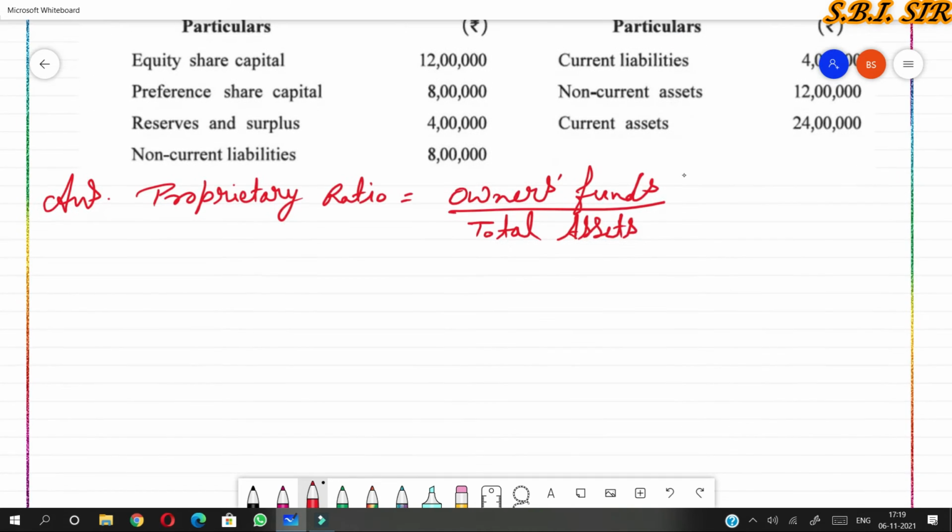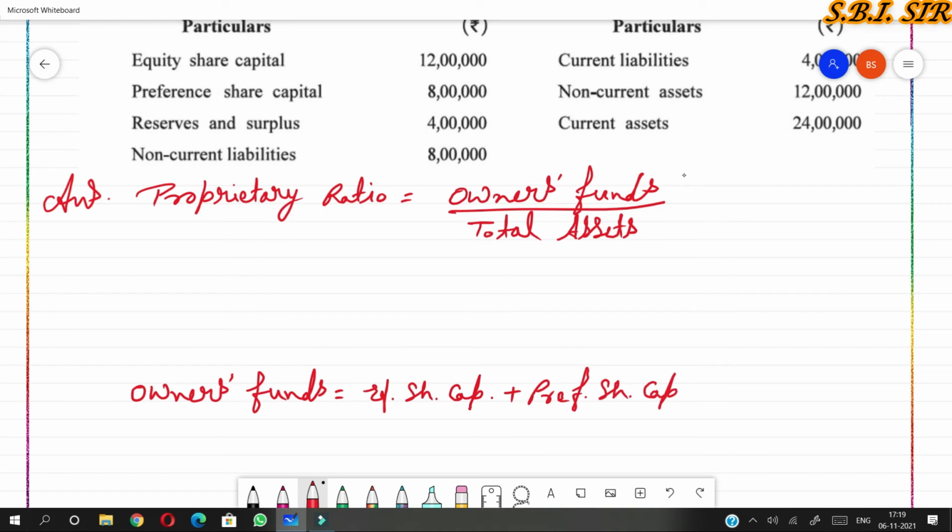First of all, we will find out owners funds equals equity share capital plus preference share capital plus reserves and surplus.